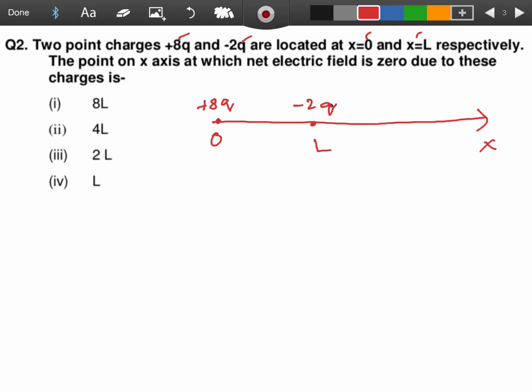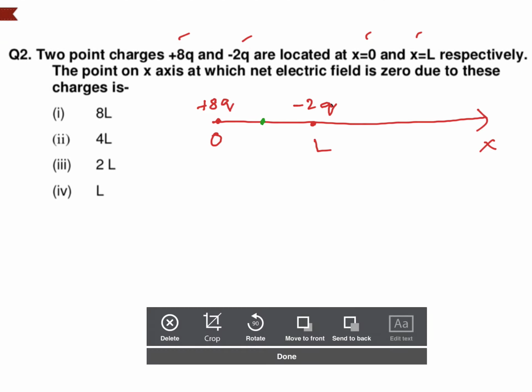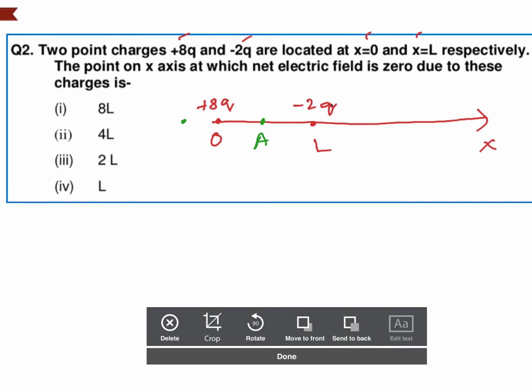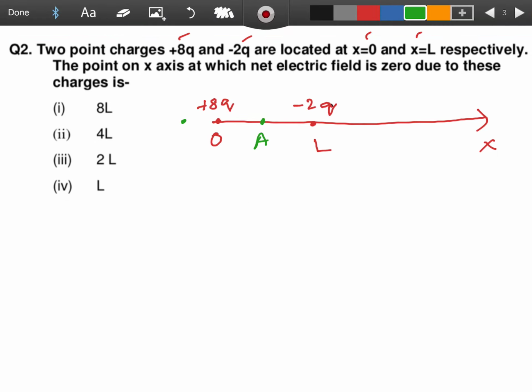Let us take A in between, and here we will take B, and here we will take C. Now what will be the electric field at A? We are just finding out whether there is a chance of electric field becoming 0 at A, at B, or at C.